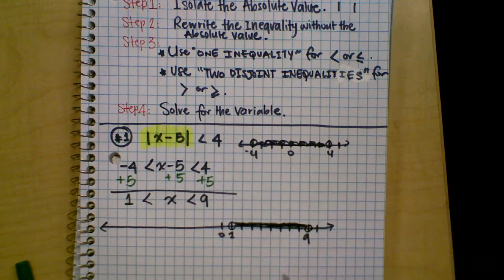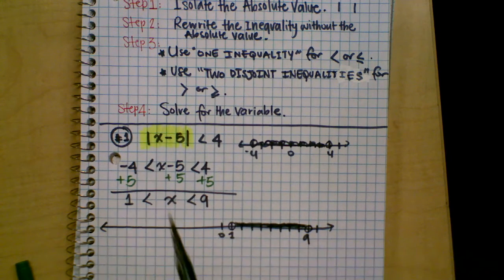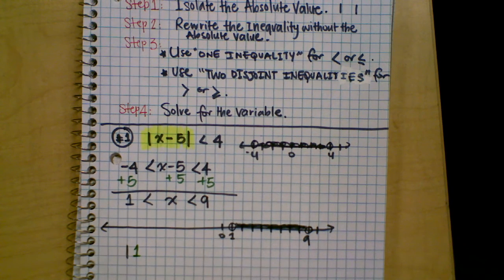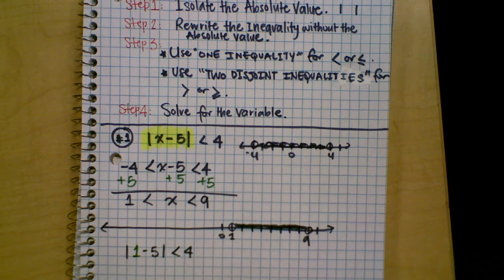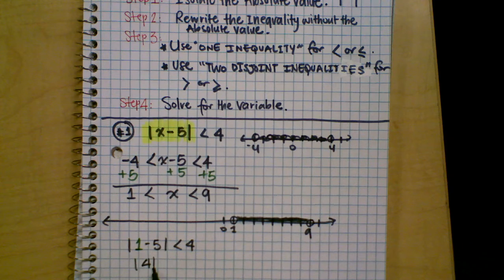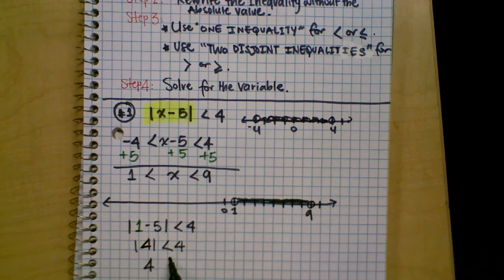And if you don't believe me, let's pick one. If I choose 1, let's plug 1 into the inequality. So I have |1 - 5| less than 4. Now 1 minus 5 is -4, so the absolute value of -4 is 4. You know that the absolute value of a number is positive.